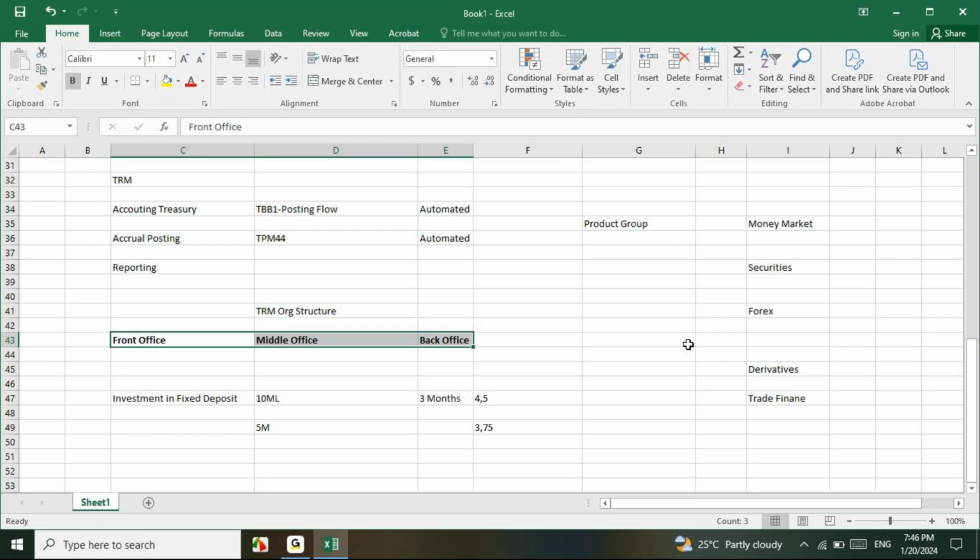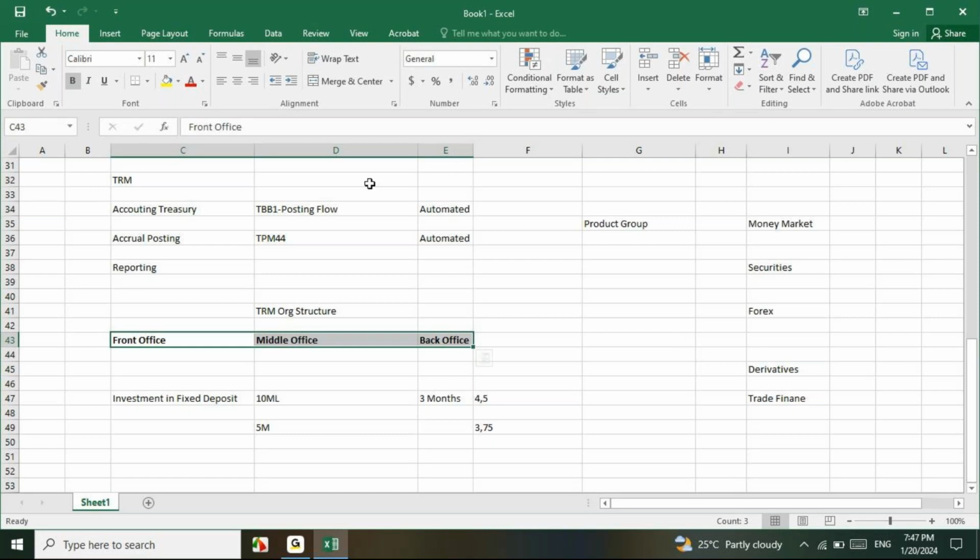Settlement related transactions would be given to the middle office team, and the back office team will be given any sort of accounting posting related transactions, where they can do posting to the flows to accounting, or any sort of payments related to the treasury, any payments. So they are the responsible team for that. This way we can control the entire organization structure: front office activities, middle office activities, and back office activities. Okay.